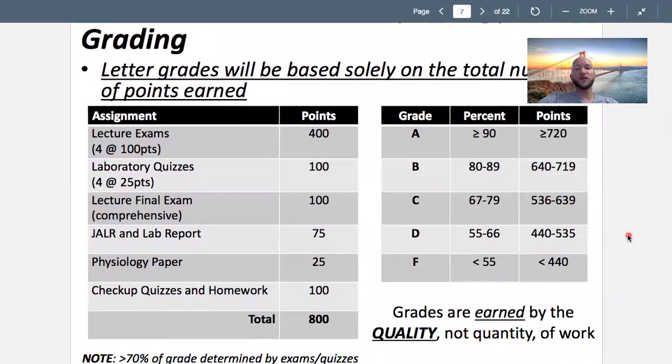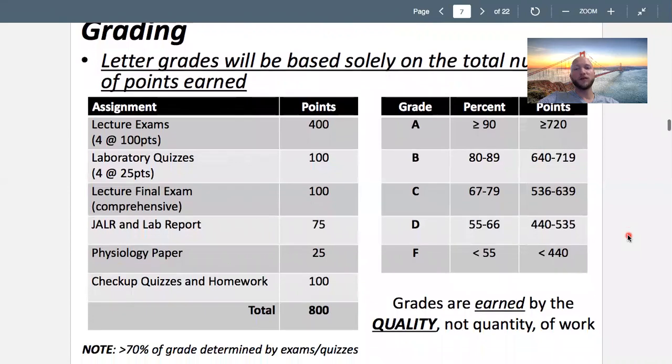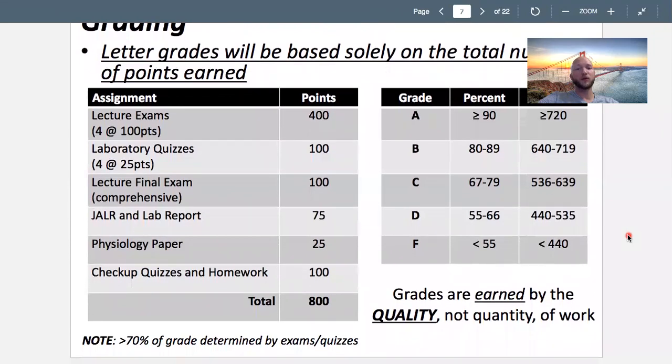Grades are earned by the quality, not quantity of work. You need to put in the time and learn this material. Please note where these points are coming from. 800 total points, 400, half of those points come from 4 lecture exams. 100 of those points, about 12.5%, come from laboratory quizzes. 100 points come from your comprehensive final.